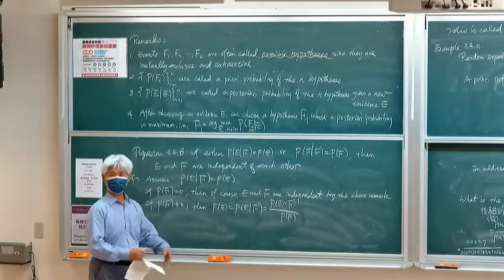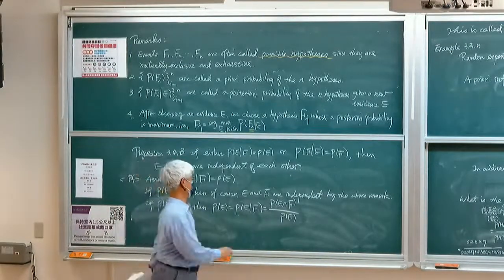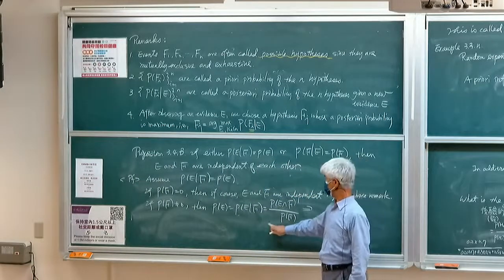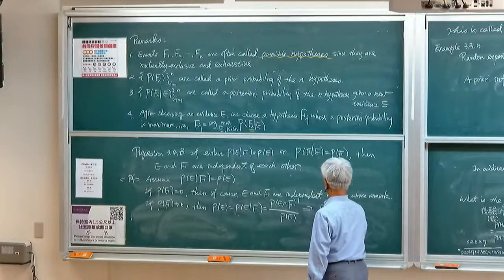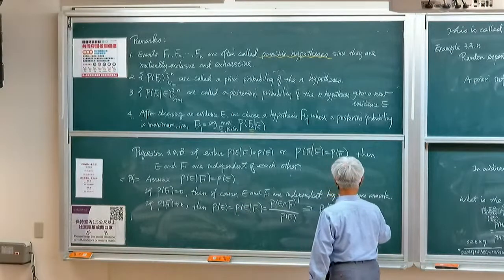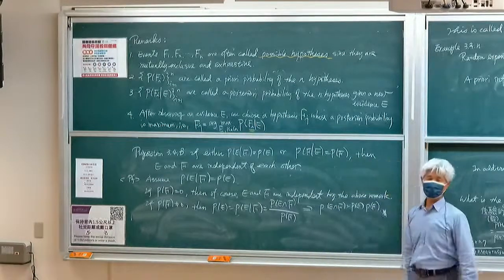So now we are able to put the probability of F in the denominator because it is non-zero. Okay, and so when we move the P of F to the left-hand side, we have it, and we are done. Okay. So again.